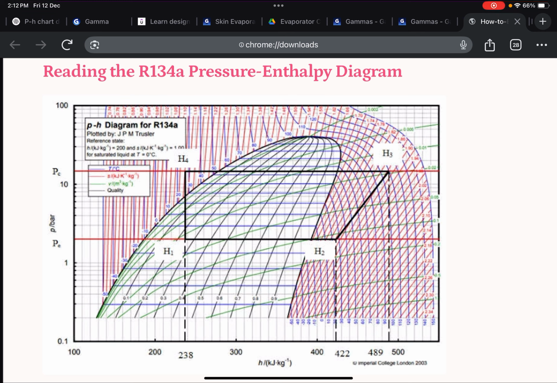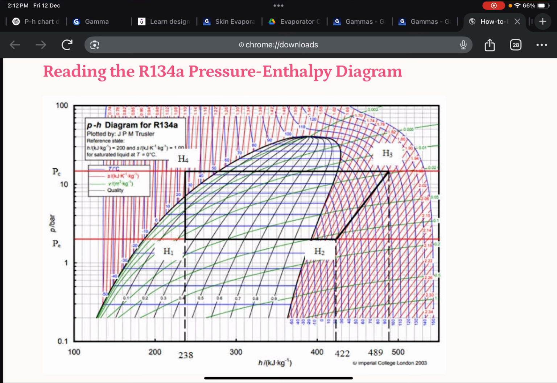What next? There is an increase in the enthalpy from H2 to H3, and it is shown as a slanting line. This slanting line reflects the compression line. The refrigerant entering the compressor experiences an increase in enthalpy, in this case from 422 up to 500.